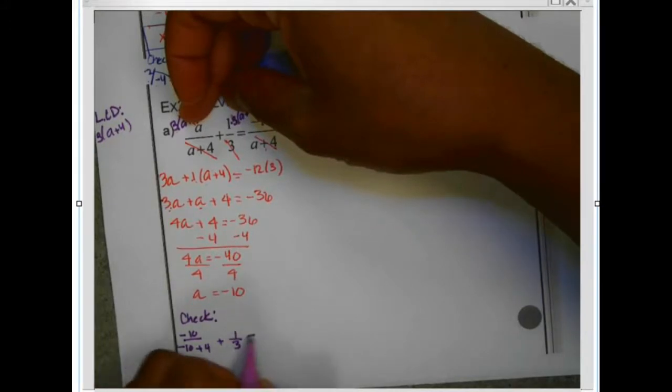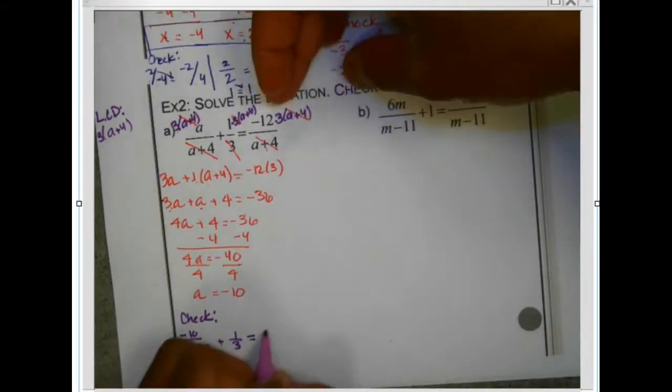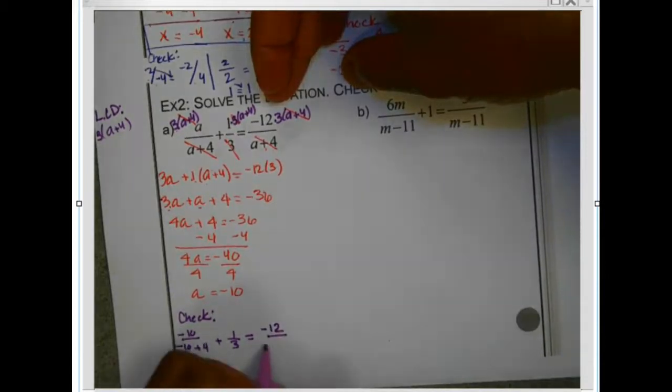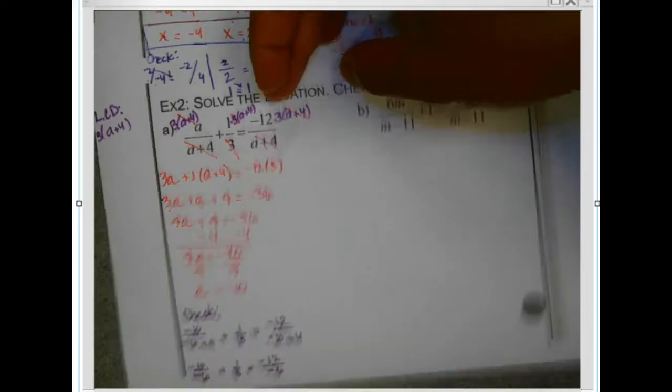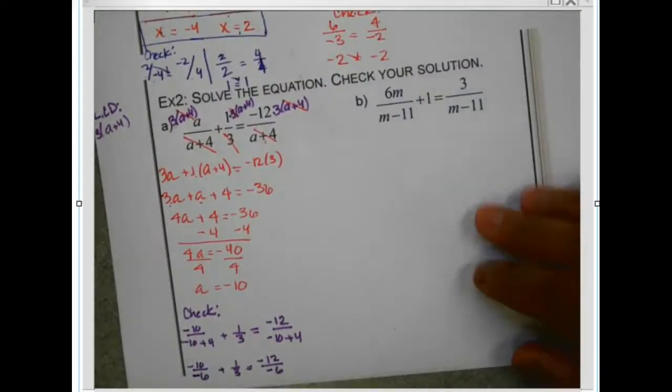And when our fractions are undefined, when you get 0 in the denominator, that's not allowed. So I'm going to simplify here. Negative 10 over negative 6 plus 1/3. Does that equal negative 12 over negative 6? I don't know. So let's keep going.